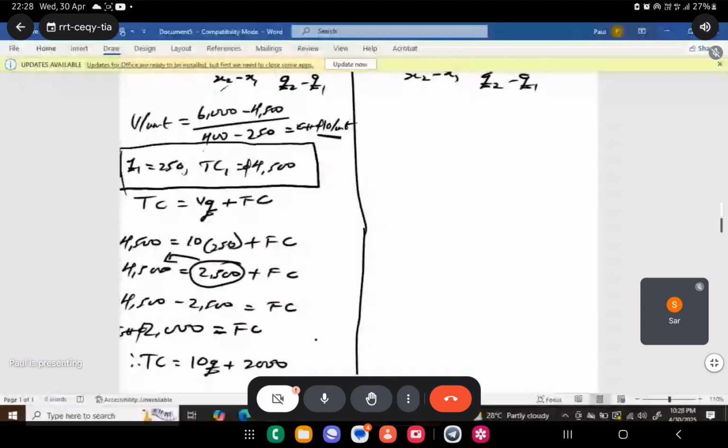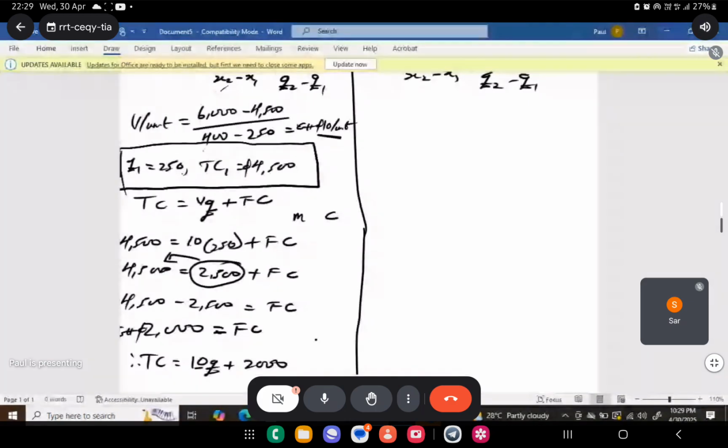Okay. So when you are done, they said determine the total cost function. And I told you that we just need two things, the M and the C. So now that we found M and C, we replace them in the equation. M is 10, we replace it here. And C is 2,000.